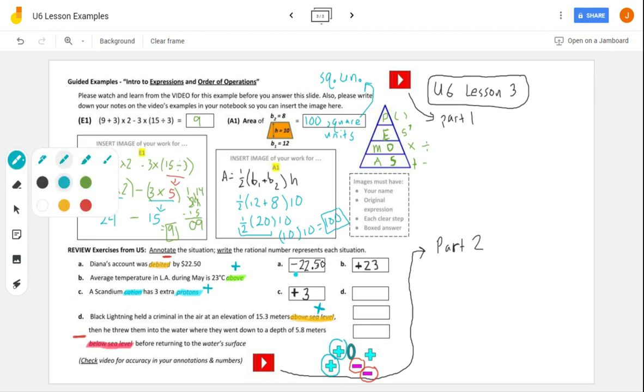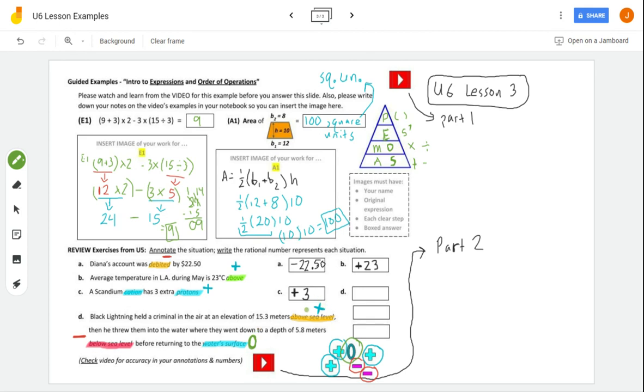We've already used this symbol here. Okay. Before returning to the water's surface. Okay, water's surface refers to at sea level. And so if it's at sea level, then that is 0. Okay, so this symbol goes right next to water's surface, 0.